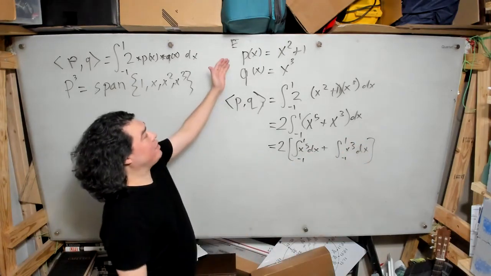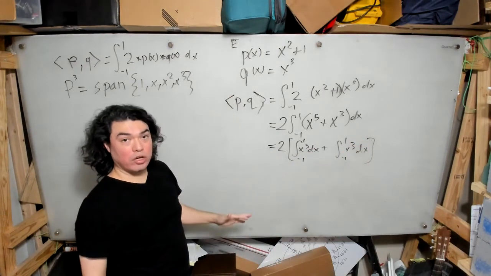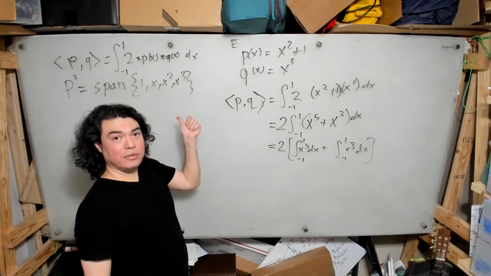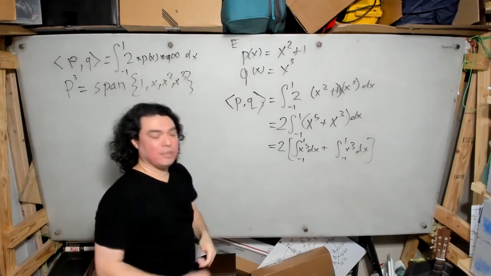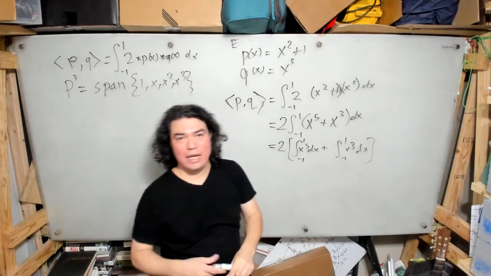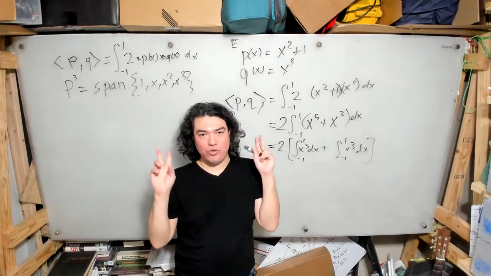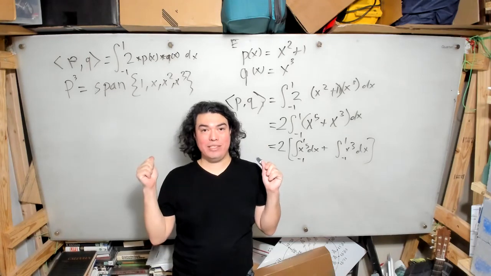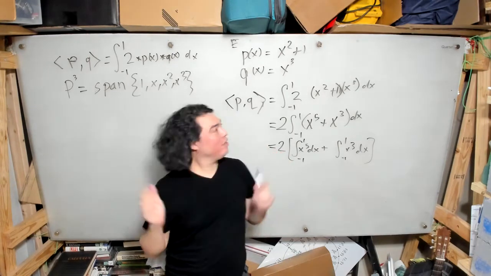So it turns out that these two polynomials are orthogonal in this vector space. To translate our geometric knowledge, these are perpendicular in this vector space. It's crazy.